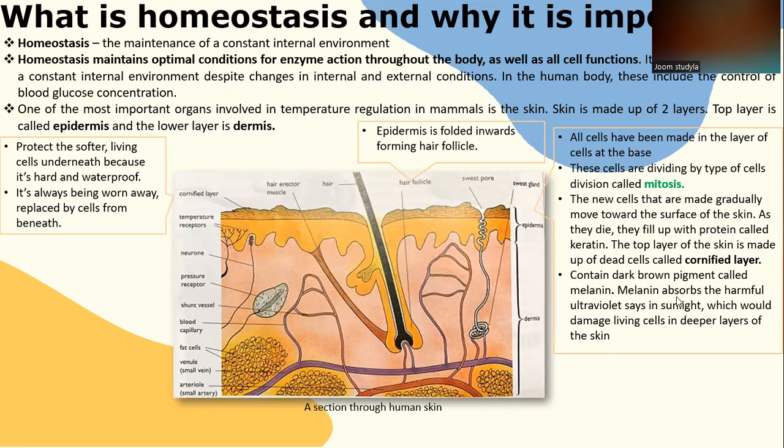Melanin absorbs the harmful ultraviolet in sunlight, which would damage living cells in deeper layers of the skin. So this is the hair follicle, and the hair follicle is actually the epidermis folded inward to form the hair follicles.